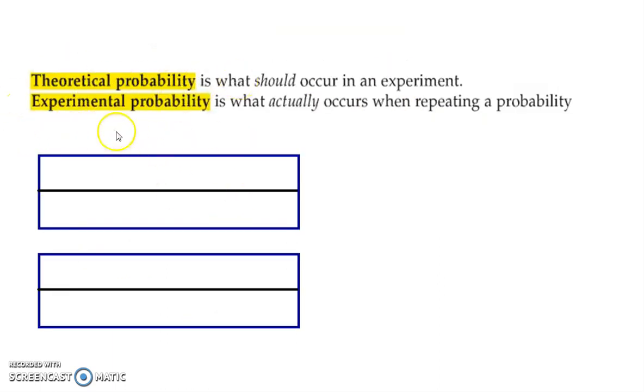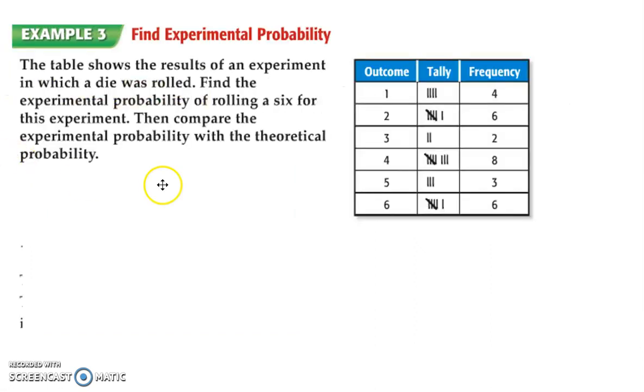Theoretical, we talked about theoretical and experimental probability. Experiment is what actually happens. Theoretical is what should happen, what you'd expect to happen, and we flipped coins for that. We found that experimental probability is not always the same as theoretical, but the more often you do an experiment, the closer it gets to being the theoretical probability.